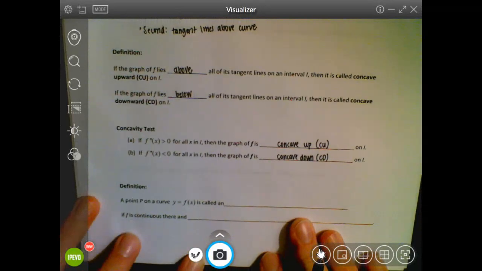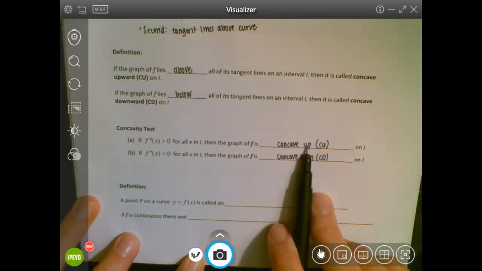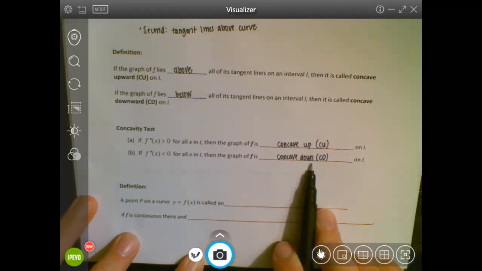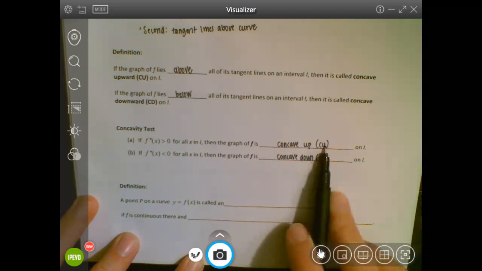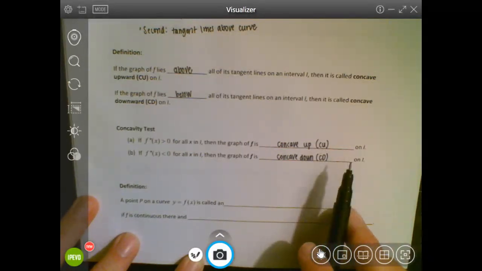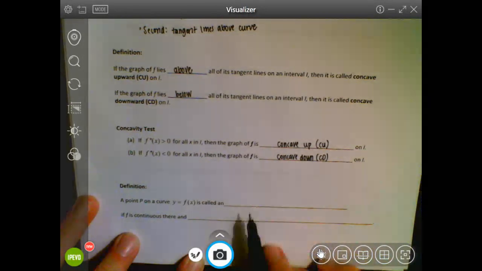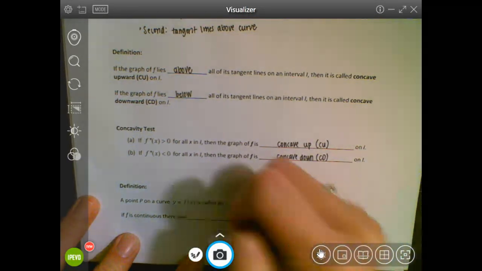And where concavity changes, so if we're going from concave up and the graph switches to concave down, or vice versa, from concave down to concave up, the point where we're changing concavity is called an inflection point.